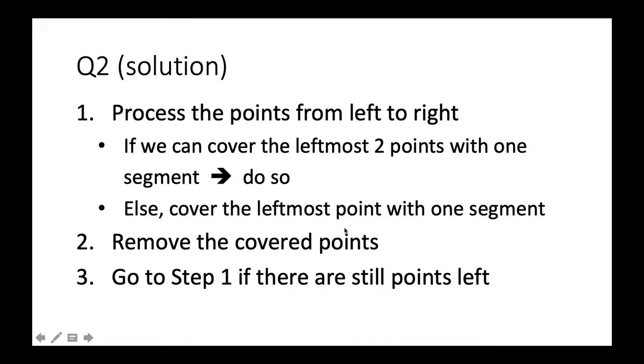If there are still some points left, we will go back to step 1 and do the process again. So we are making this our greedy choice: we greedily find out whether we can cover the leftmost 2 points with one line segment. Once it is done, we cover the points, and then we continue to solve the remaining problem recursively.